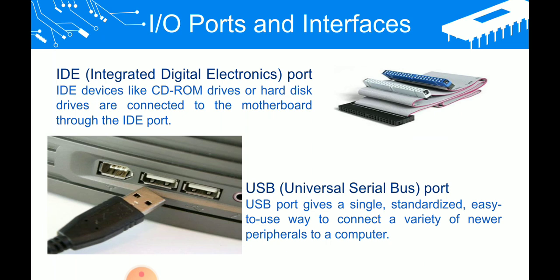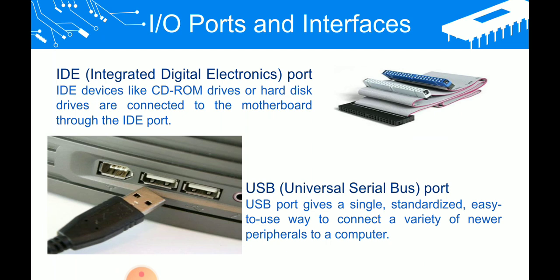And next is USB. So USB we already know, that is it is used to connect even the mobile phones, and through this port we can connect the pen drives and scanners, digital cameras, webcams, speakers, printers. So all these can be connected through this port.